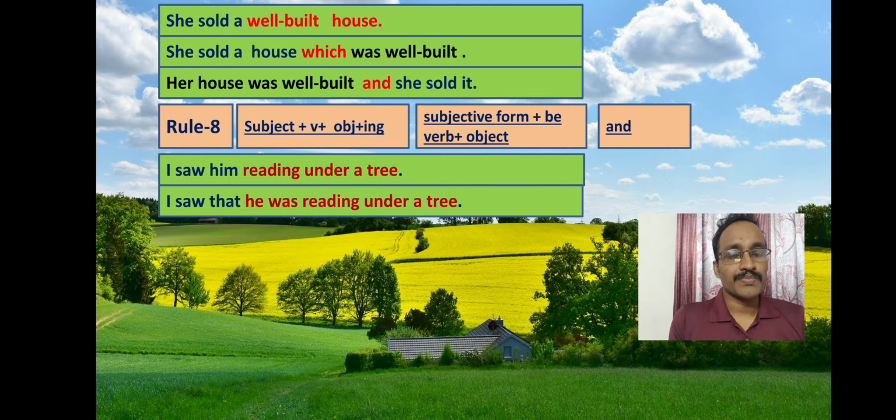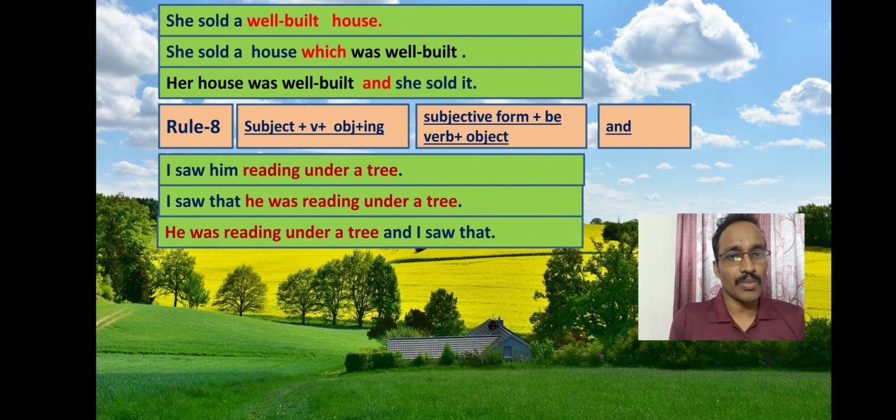We can use that and the subjective form, that is, I saw that he was reading under a tree. And to make it a compound sentence we will use and to connect two clauses. So here you see, he was reading under a tree and I saw that. This is a compound sentence.